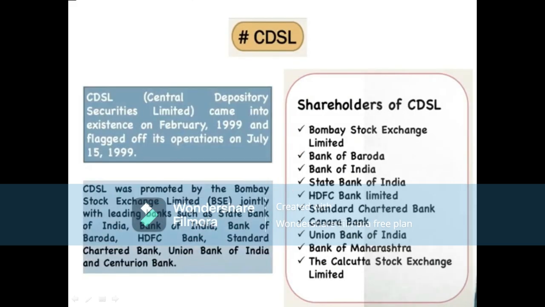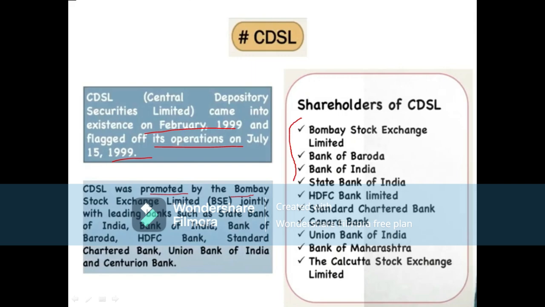Now CDSL, Central Depository Services Limited, came into existence in February 1999 and commenced its operations in July 1999. CDSL was promoted by the Bombay Stock Exchange, jointly with leading banks such as State Bank, HDFC, and Bank of India.